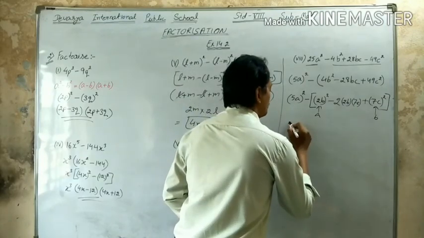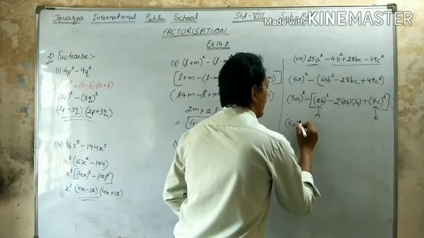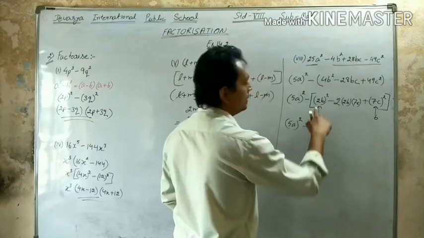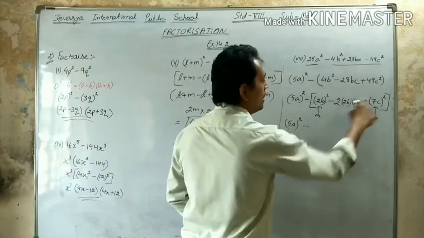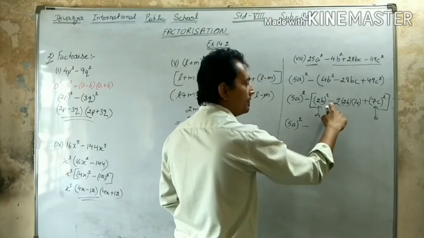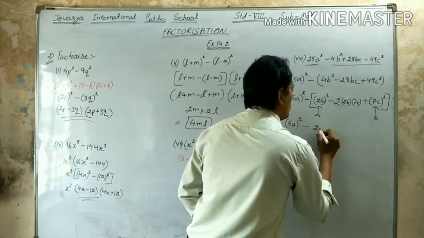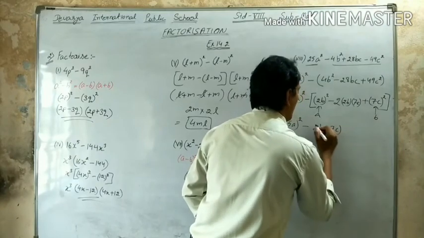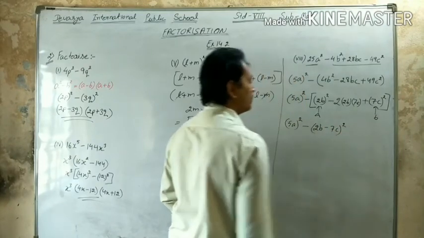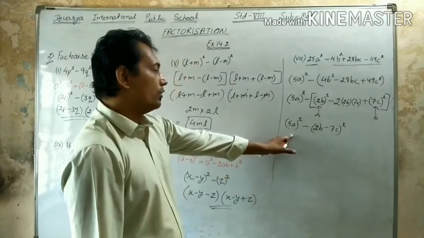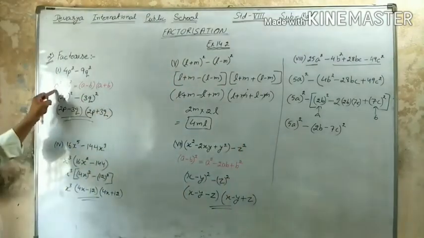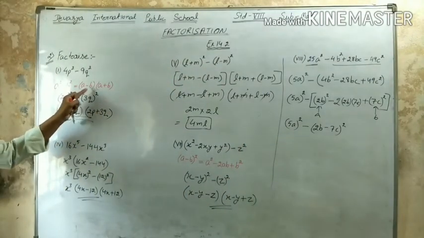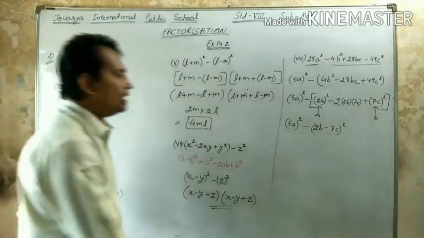Now we can write 5a whole square minus, this is your a, this is your b, and the middle term has a negative sign, so we can write it as 2b minus 7c whole square. Again we put the same formula which we saw last time, a square minus b square is equal to a minus b into a plus b.